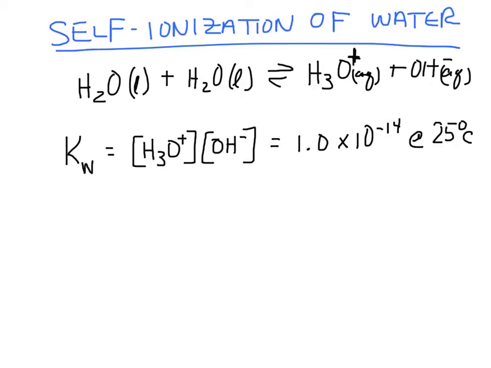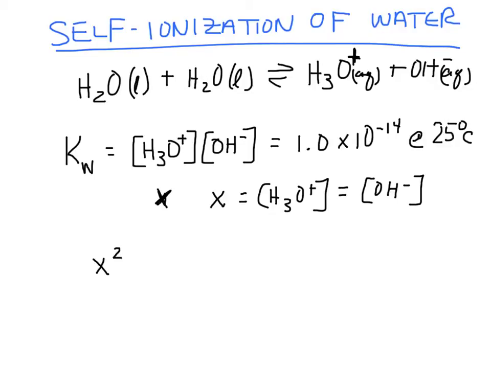So in pure water, we're going to have exactly the same amount of hydronium ions as hydroxide ions. We can call them X. But X is going to equal the concentration of hydronium ions, and it's also going to equal the concentration of hydroxide ions. Okay, so if we plug X into the formula, we could say X squared equals, since these are both going to be equal to X, 1 times 10 to the negative 14th.